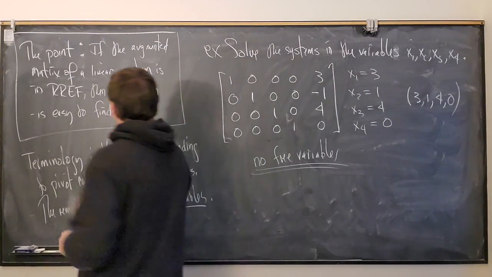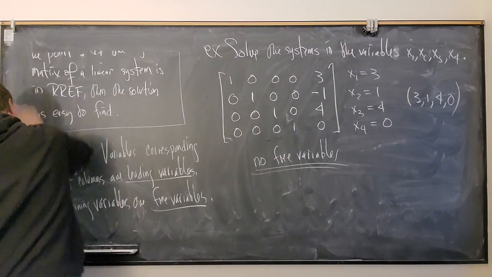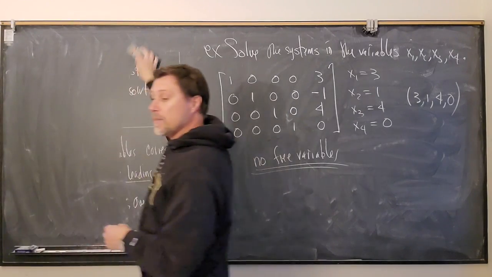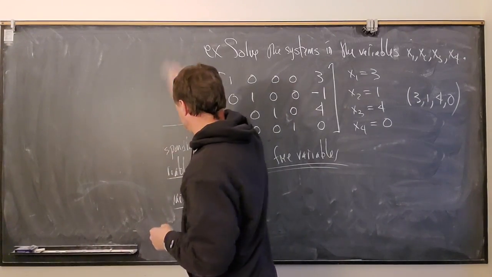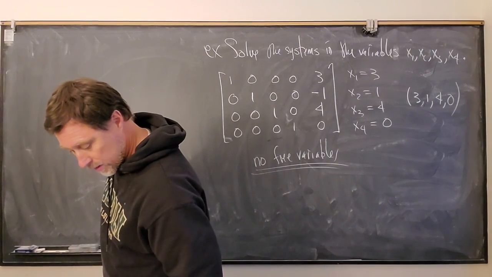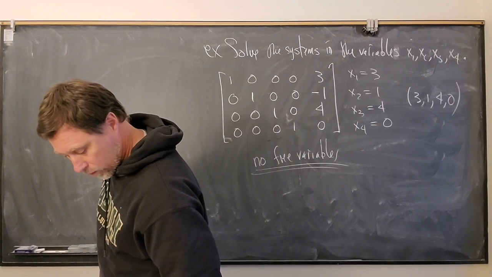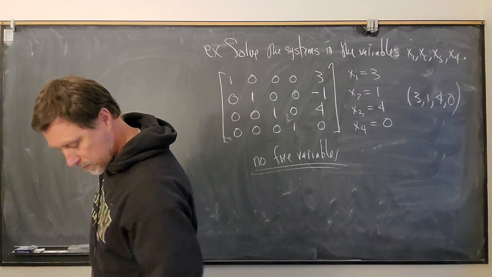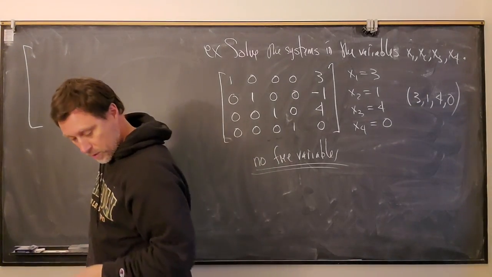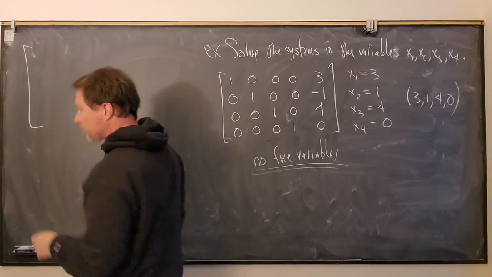Okay, now I'm going to write down another matrix. It'll be an augmented matrix corresponding to some system, in reduced row echelon form. Once again, it's going to have 4 rows and 5 columns. The first row will be 1, 2, 0, 0, 3.